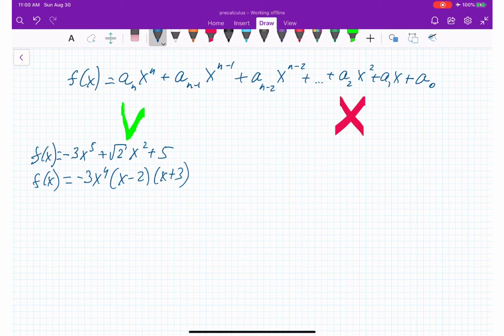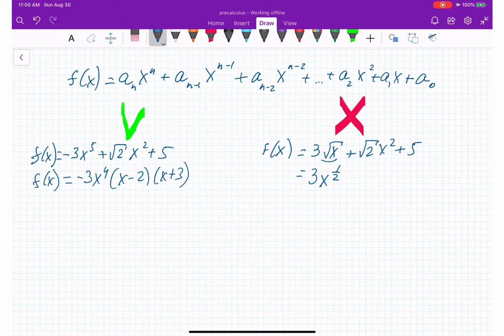But what is not a polynomial? Let's say f of x equals negative 3 square root x plus square root 2 x^2 plus 5. The square root x shows that this is not a polynomial. Why? Because it's the same thing as 3x to the power 1/2.